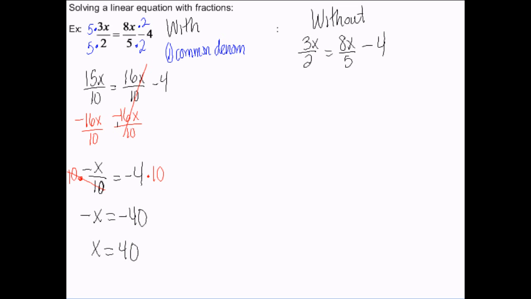Okay, so we can get rid of the fractions. You still need a common denominator, but instead of adjusting these to give them common denominators so I can combine them, I'm going to use my common denominator to get rid of the fractions. What I'm going to do is multiply this whole thing by the common denominator, which is 10.